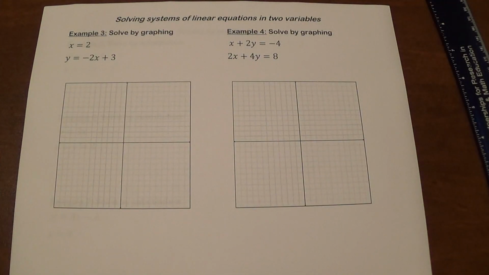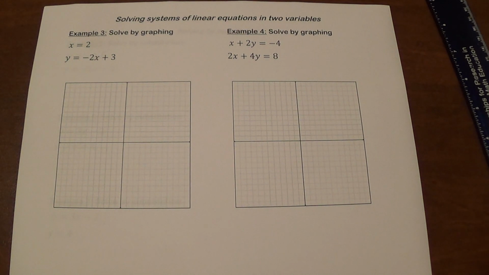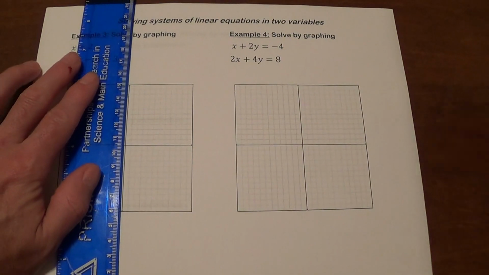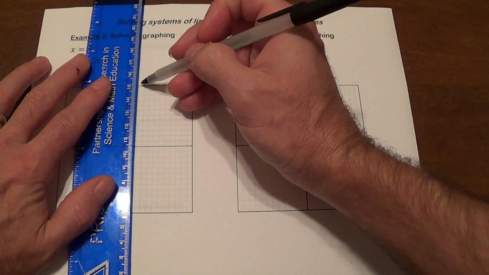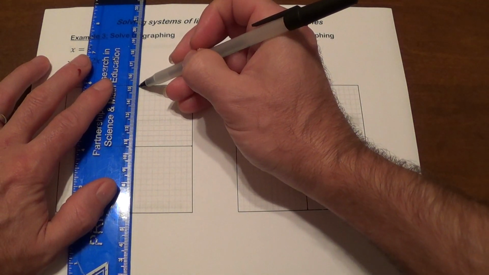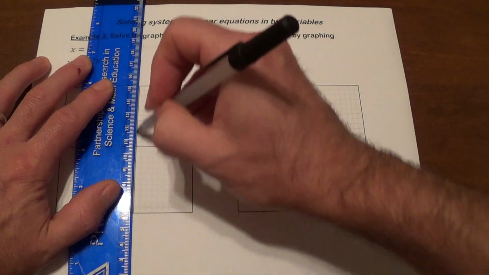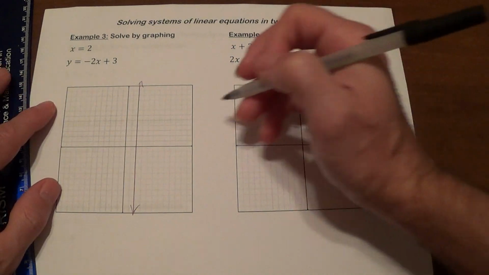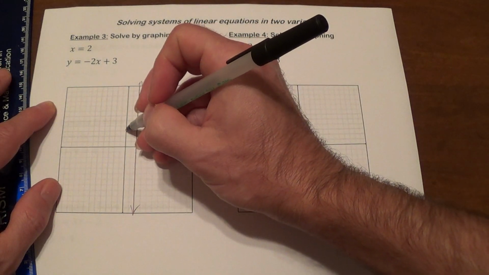A couple more. x equals 2 and y equals negative 2x plus 3. The first one is a vertical line passing through 2. For the second line, we have a y-intercept at 3.